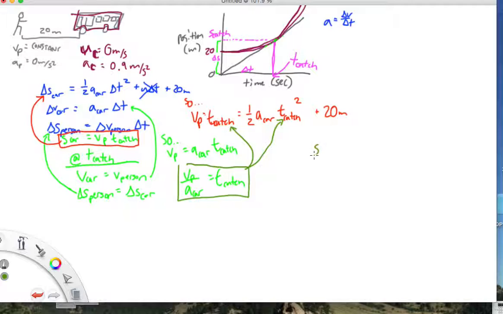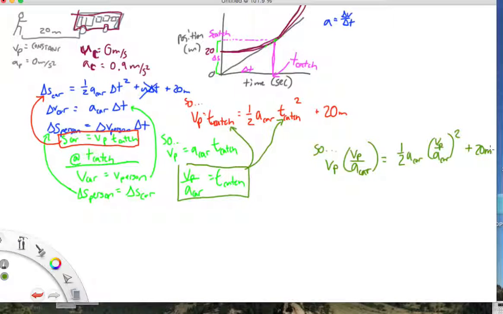It's going to be VP times, now we've replaced t catch with VP over a car, VP over a car equals 1/2 a car times, oh, now we replace this right here, VP over a car, right? Squared plus 20 meters.